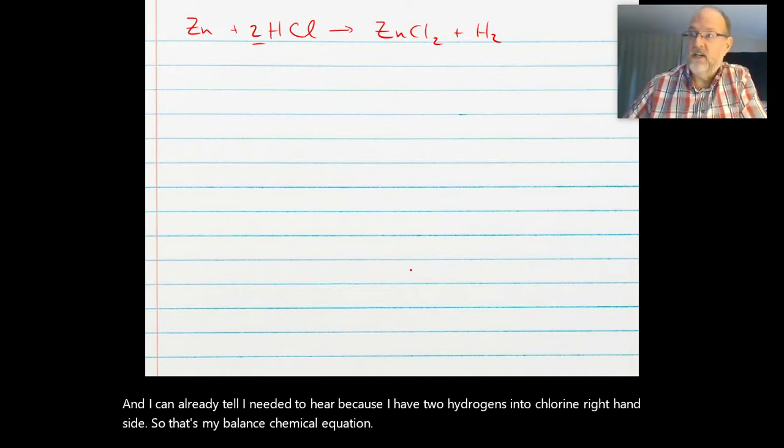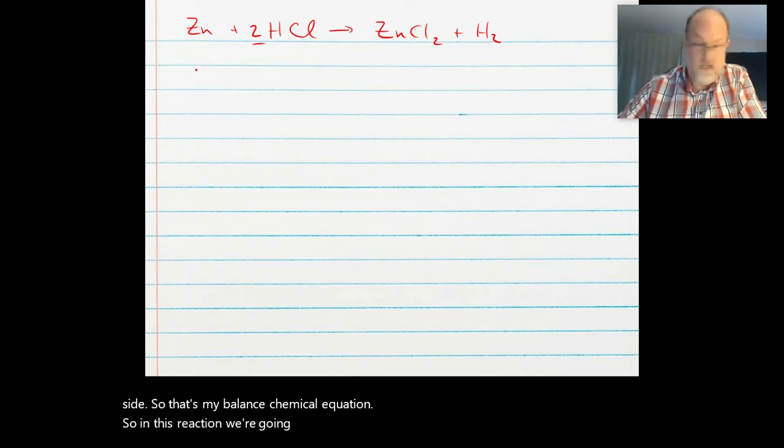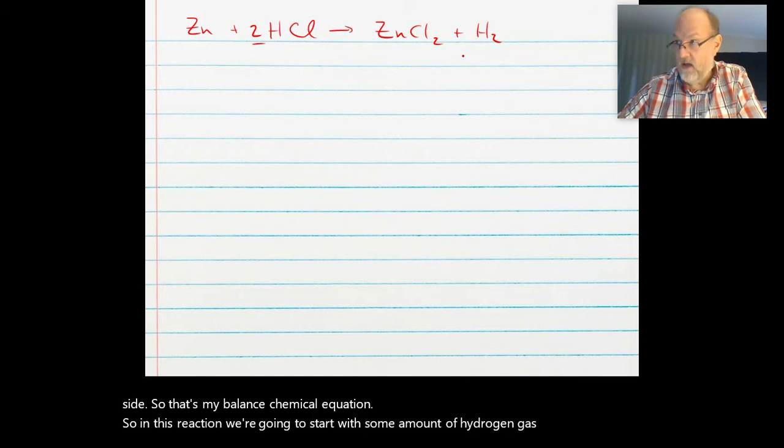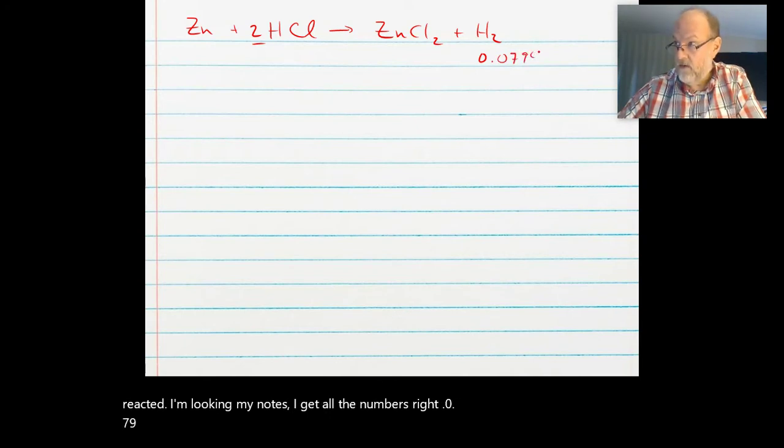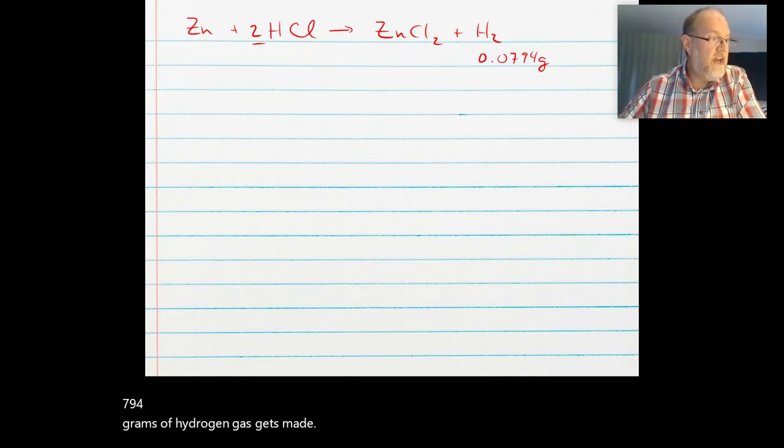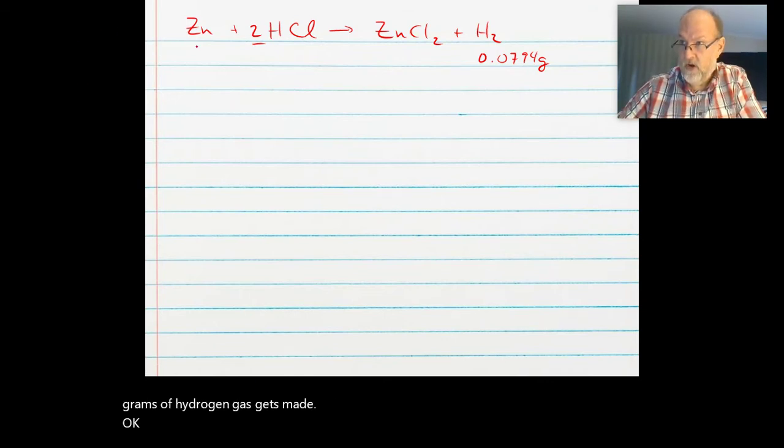So in this reaction, it says we made 0.0794 grams of hydrogen gas. And it wants to know the purity of zinc. So here's the way I look at that.